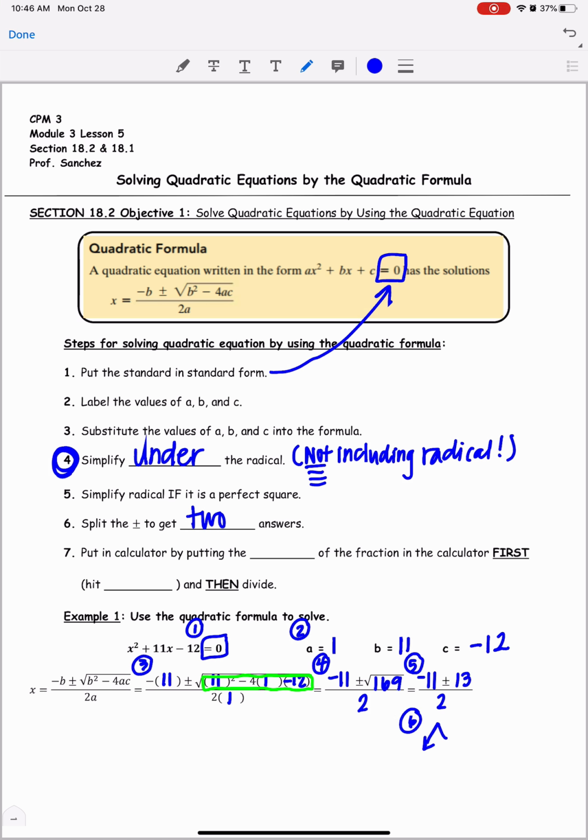So this becomes negative 11 plus 13 all over 2 and negative 11 minus 13 all over 2.